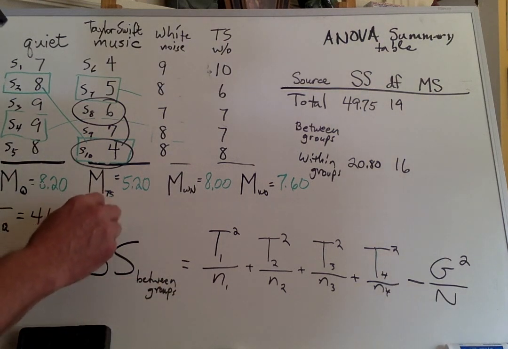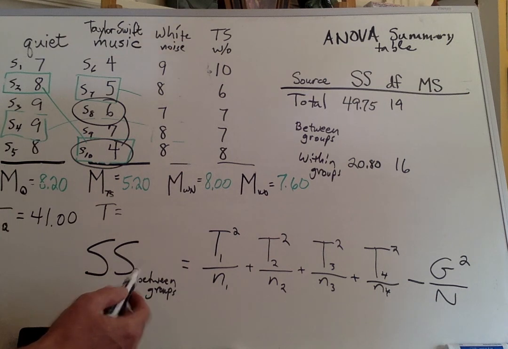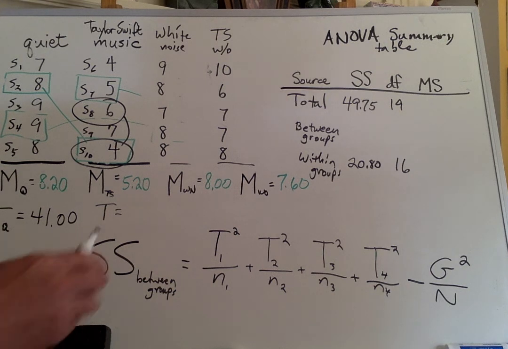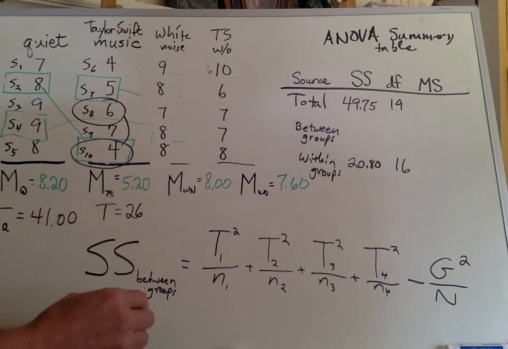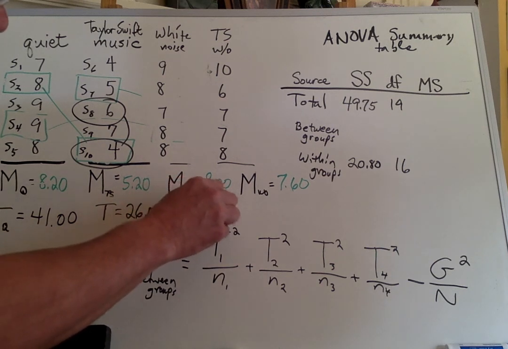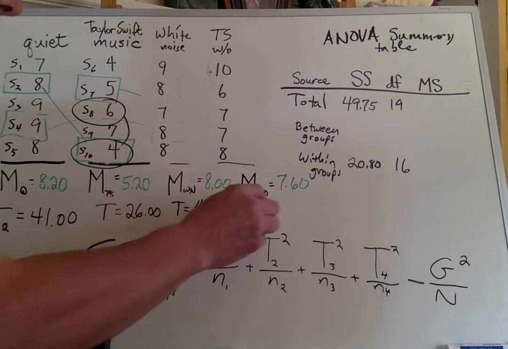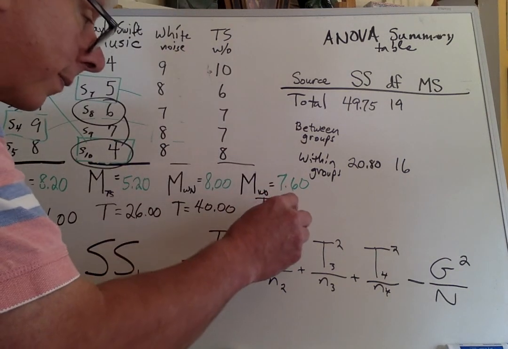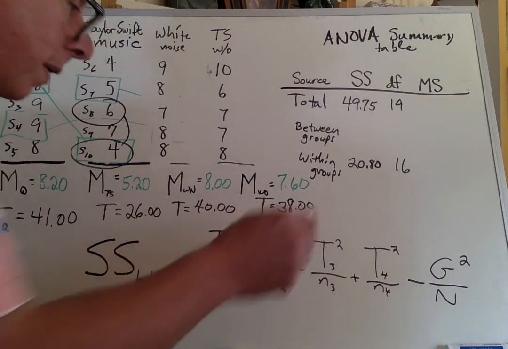The total here is, what was it? 5.2 times 5, that's 26, right? Yeah, 26. The total here is 40. The total here is 38.